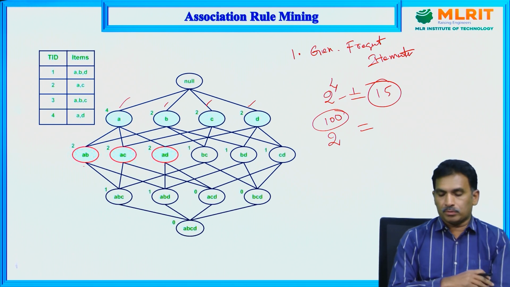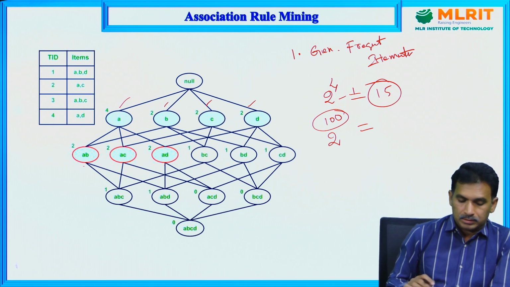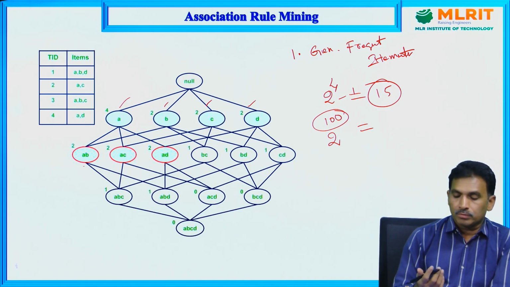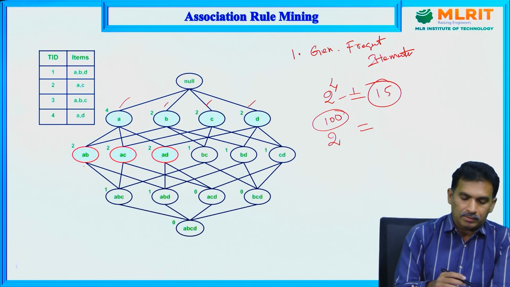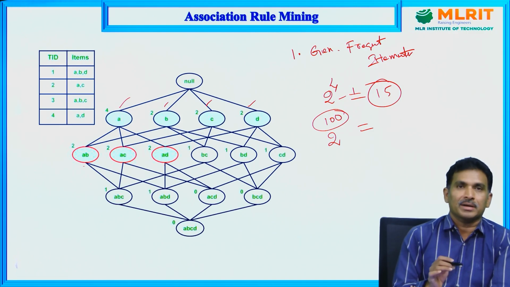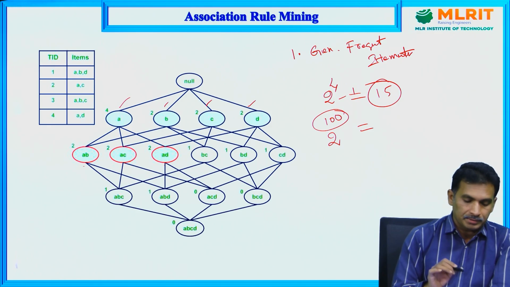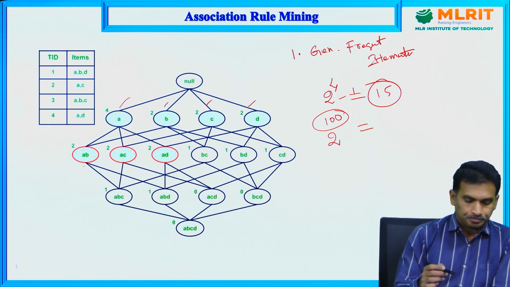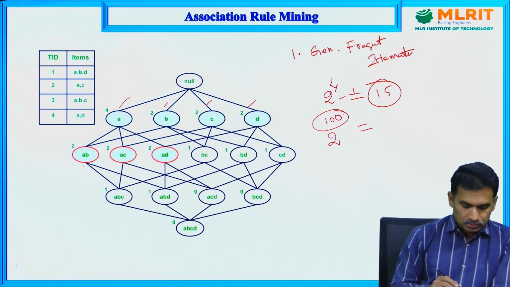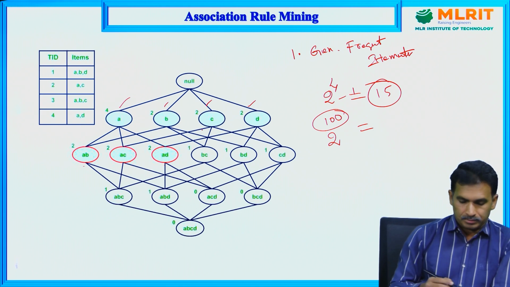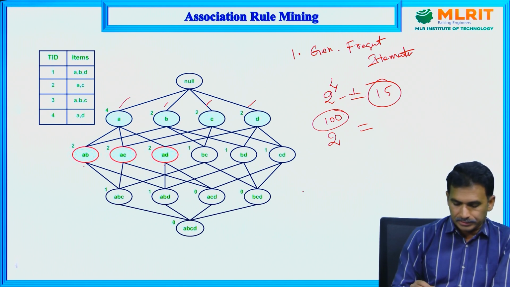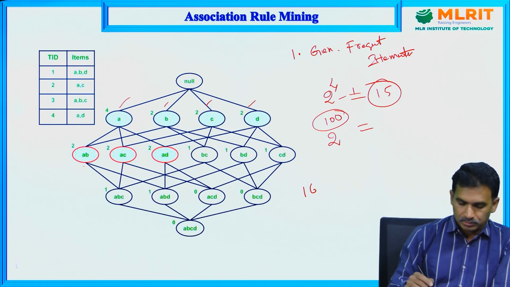To identify the frequency, and to know whether an item set is frequent or not, we have to scan the database and find out how many times that particular item or item set appears in the transactional database.